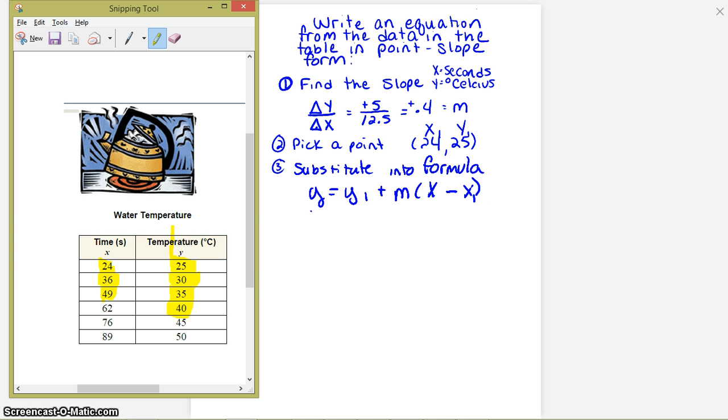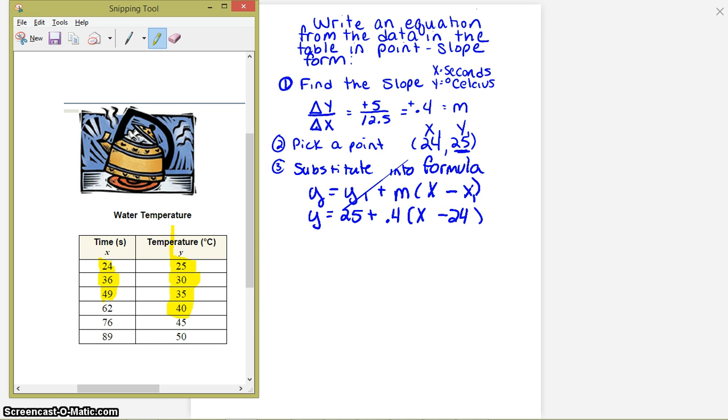So now y stays the same. 25 is the y1 value I have chosen up here, so I substitute it in. 25 plus my slope, 0.4, times x minus 24.